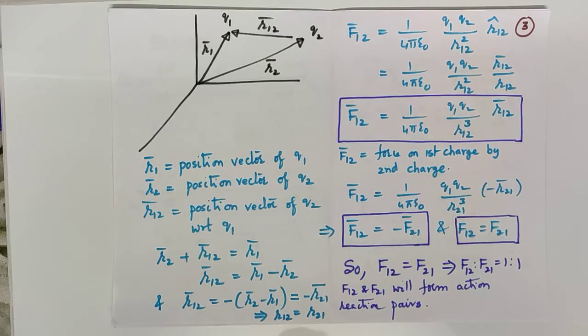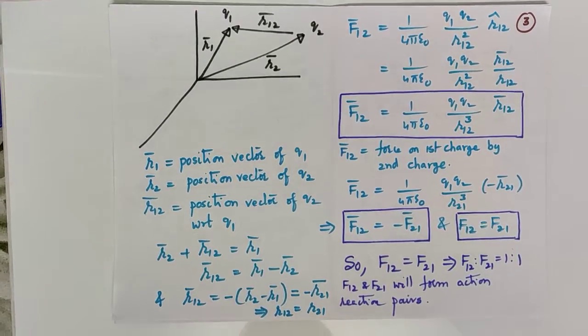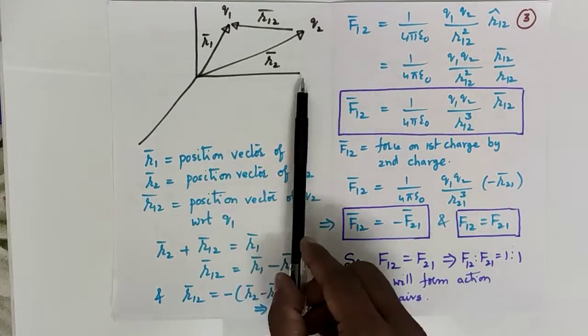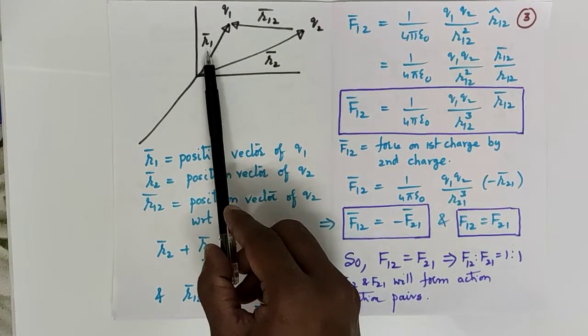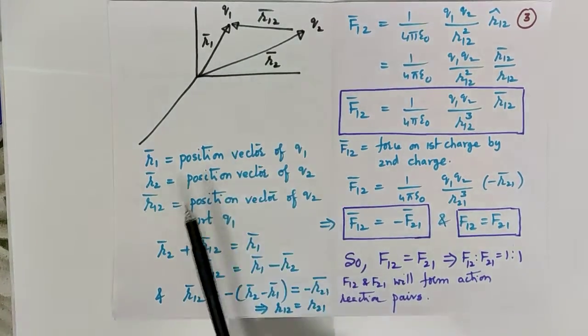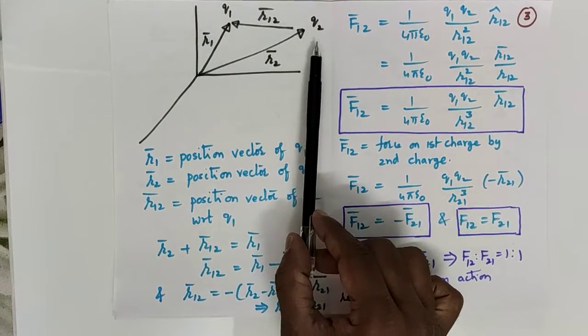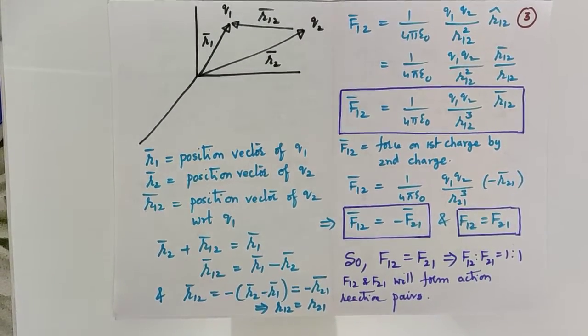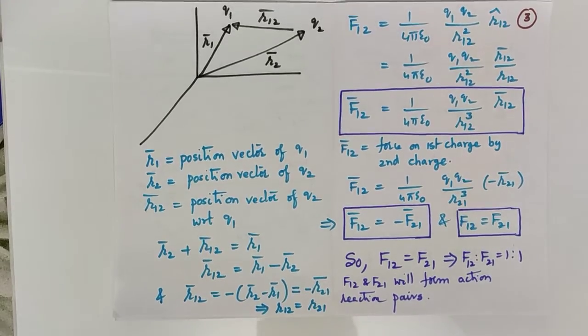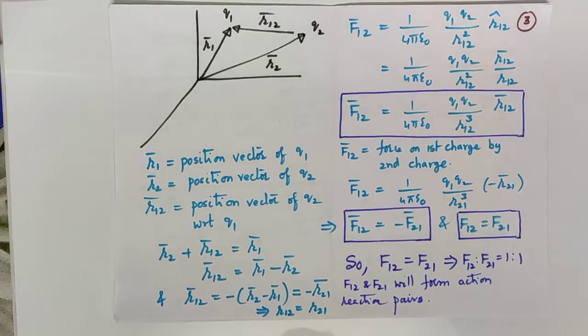Similarly, let us talk about force on first charge by second charge. So once again you take the coordinate system. R1 bar is the position vector of q1, R2 bar is the position vector of q2, R12 bar is the position vector of q1 with respect to q2.